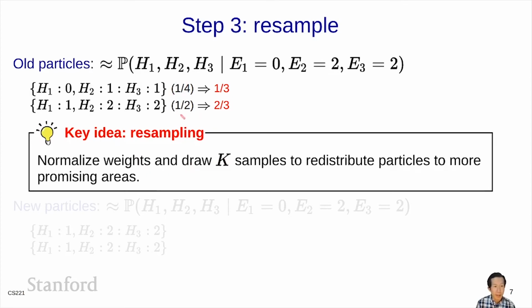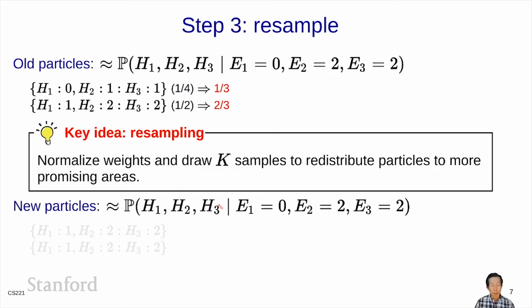Normalizing these weights produces this distribution, 1/3, 2/3. And now I'm going to draw K samples from that distribution to redistribute. So the resulting particles are still going to represent the same distribution, but slightly in a different way, without weight.